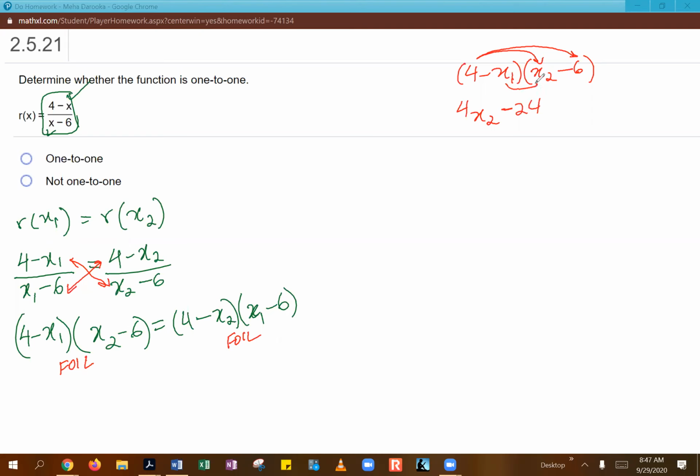The inner terms are negative x1 times x2, so that's negative x1 x2 over here. And our last terms are negative times negative, which is positive, so 6 times x1. That's what you get when you multiply the left-hand side of our equation. And we're going to multiply the right-hand side also. So on the right-hand side, we have 4 minus x2 multiplied with x1 minus 6.